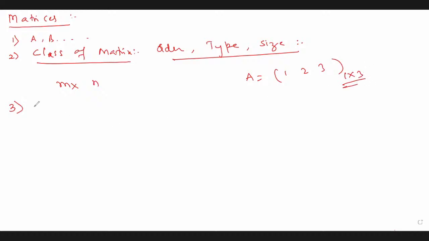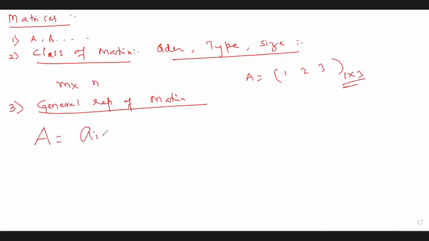Now, general representation of matrix. This is very important. Capital A is equal to Aij. Like, you know very well, A11, A12, A1j, A1n, nth column, right?